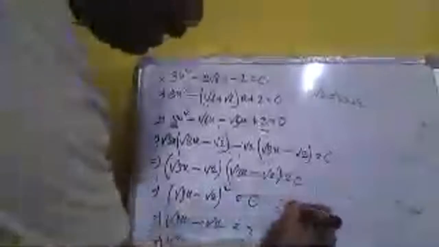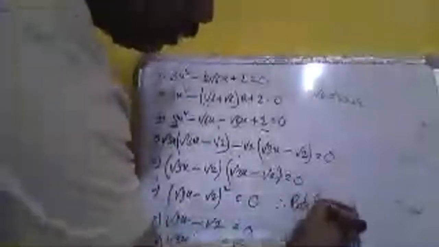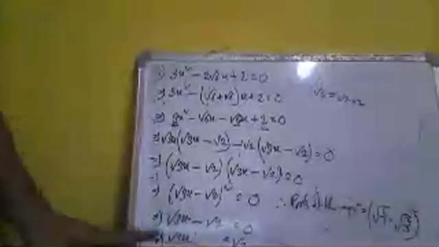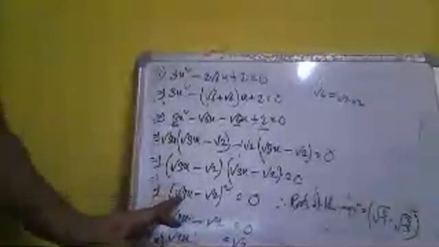But when we write the answer, we write the roots of the equation. The roots of the equation will become root 2 by 3 and root 2 by 3. Understood? Like this one is root 3x minus root 2 into root 3x minus root 2 equal to 0.